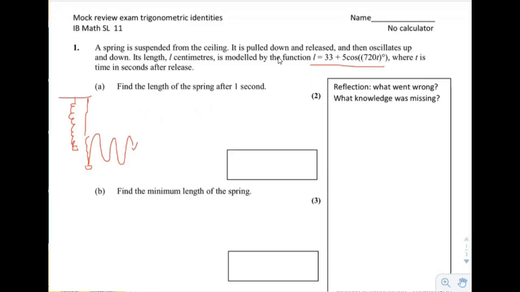And it's going to make a trigonometric function wave here. So the length of it is going to be modeled by this cosine function. Okay. So first it just says, what is the length of the spring after 1 second?